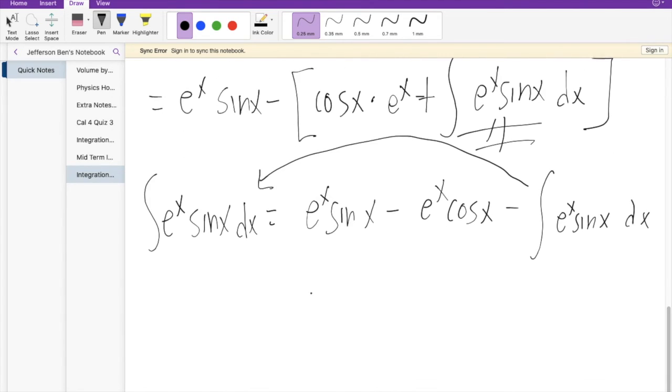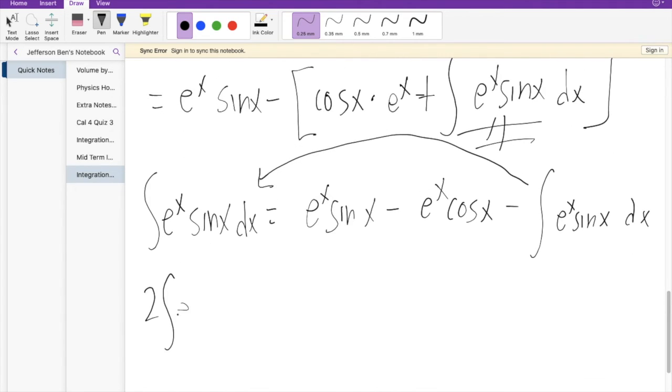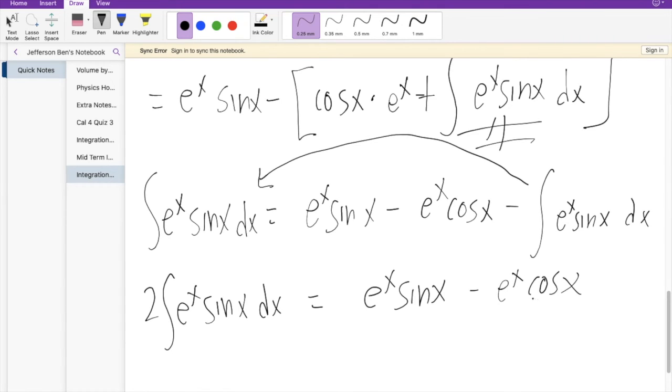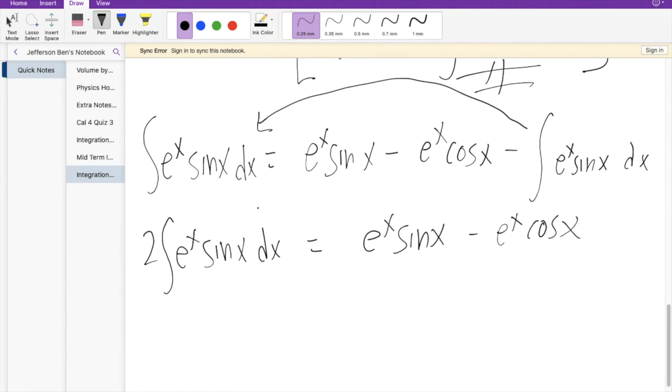We will get 2 times the integral of e to the x sine x dx equals e to the x sine x minus e to the x cos x. Remember, this is the integral we need to find.